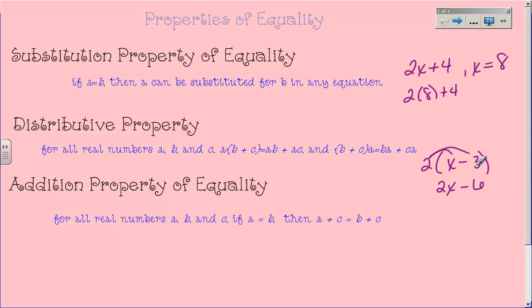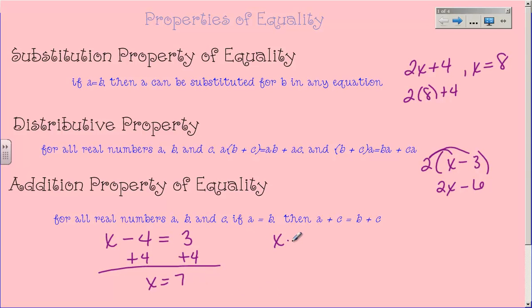Basically, if I have an equation like x minus 4 equals 3, well, A equals B, okay? And so I can add the same number to both sides and it doesn't change my equation. So what this addition property of equality says is that I can do plus 4 over here and plus 4 over here. And as long as I do it on both sides, I have used the addition property of equality to get that x equals 7 to solve my equation.